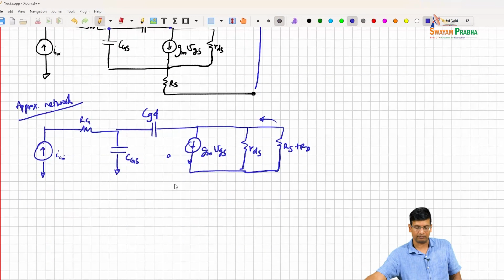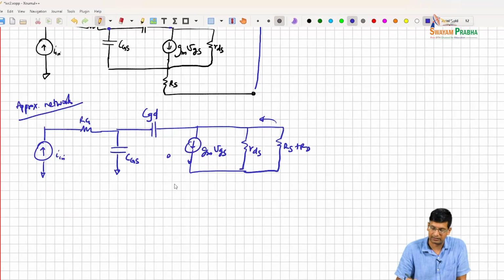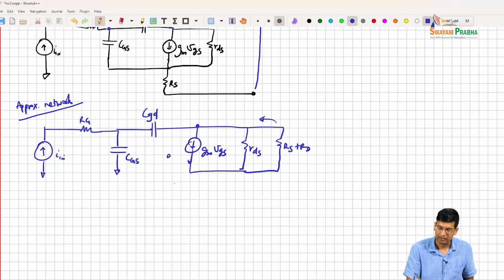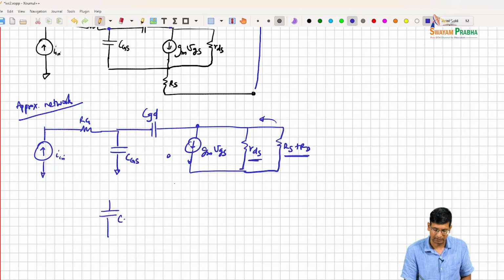So what I can basically say here is that this effectively looks like the Miller approximation, because there is going to be some gain. I can neglect this RDS in parallel with RS plus RD, but I effectively can show that this CGS. And then if I were to move this CGD to this side, I should do CGD times 1 plus GM times RD plus RS.